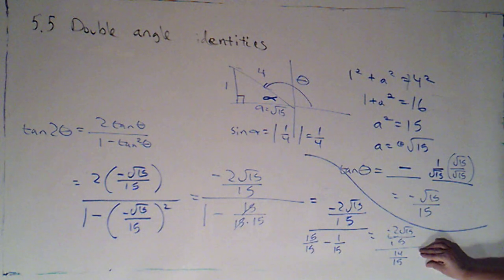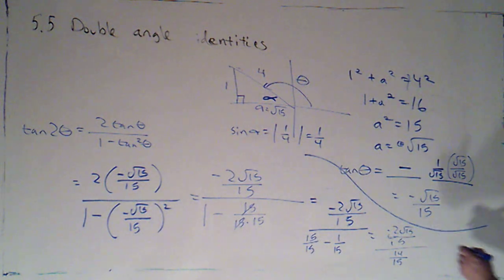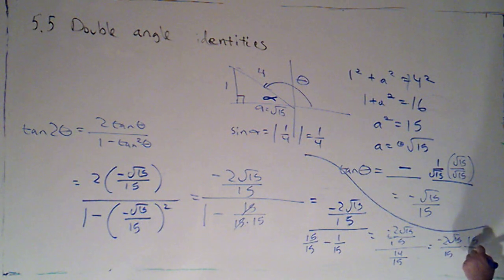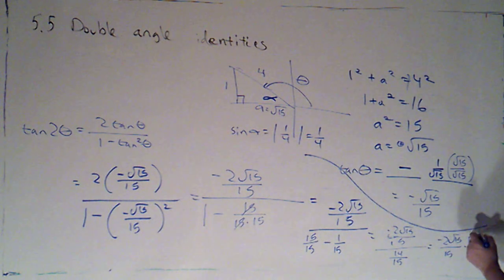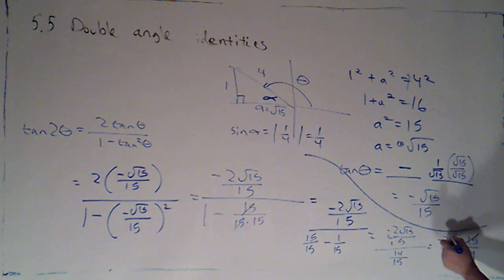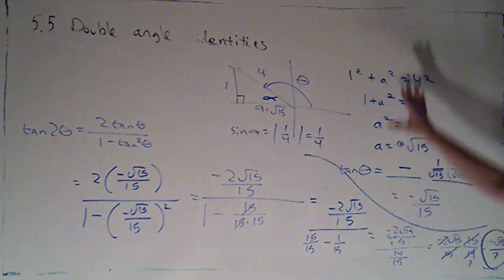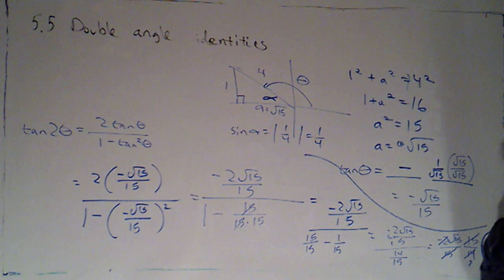Now when I divide by a fraction, I'm just going to flip and multiply. So that's negative 2 root 15 over 15 times 15 over 14. Those 15s cancel. 2 goes into 14 7 times. Looks like I'm getting negative root 15 over 7. So that's how we can use the double angle formula for tangent.